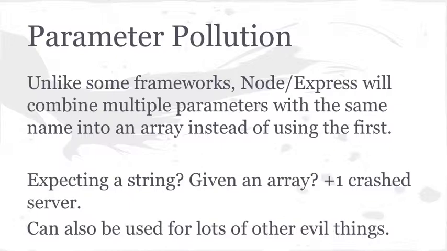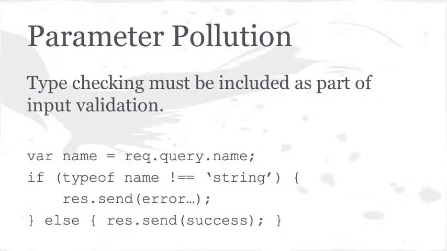So what does this mean? This means that an attacker could essentially inject content into the application that isn't expected. If you're expecting a string and you're trying to do an operation or call a method on a string, and you actually wind up with an array, this can cause the app to crash, which is probably the least of your concerns, or it can cause an array to be inserted into a database lookup and return multiple rows.